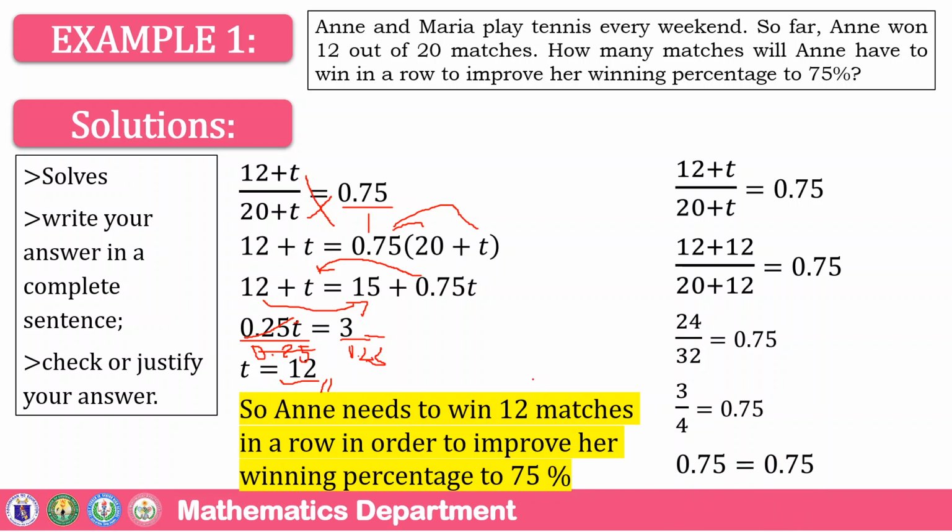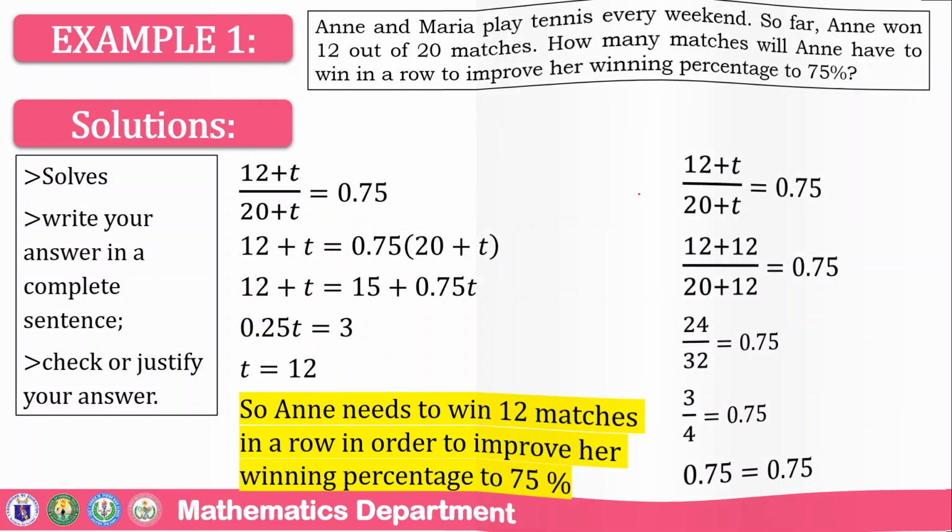So, ibig sabihin, 0.75 is equal to 0.75, meaning, tama po yung naging final answer natin na 12. Ang kailangang ipanalo pa na matches ni Anne. So, para mag-improve yung kanyang winning percentage into 75%.